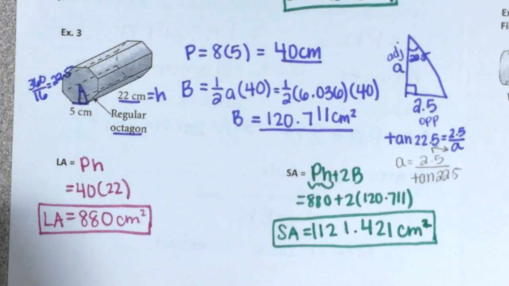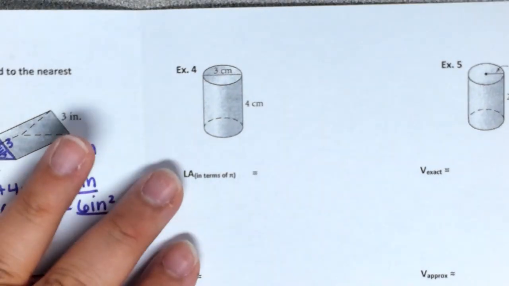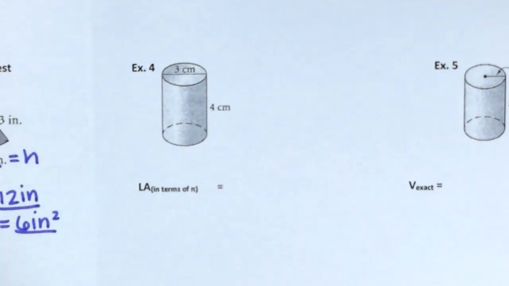All right, I'm going to do one, then you're going to do one for the next one. Are you ready? Can I move on? Or not yet? We're okay? All right. Number 4. What was the formula for lateral surface area of a cylinder? Flip back if you need it.